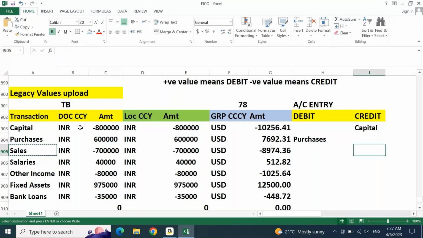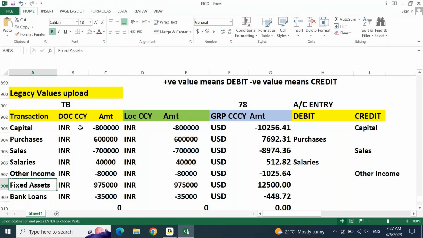You're able to understand why I'm putting on the debit or credit? Yes, sir. Salaries, debit. Other income, credit. Fixed assets, debit. Bank loans, credit, sir. Bank loans is a credit.